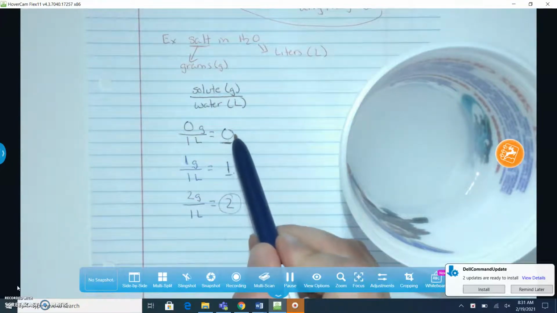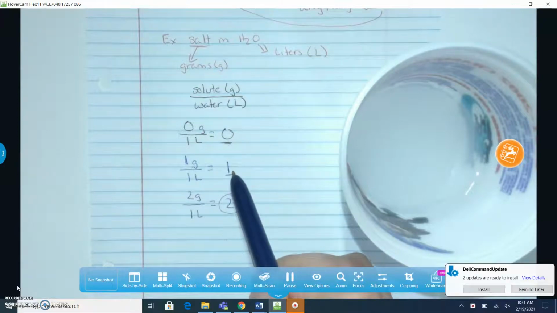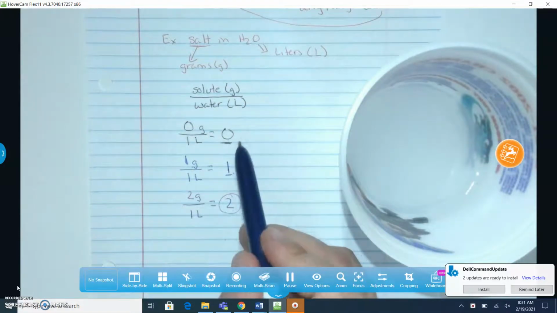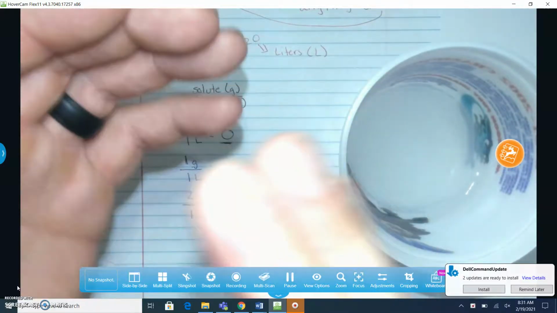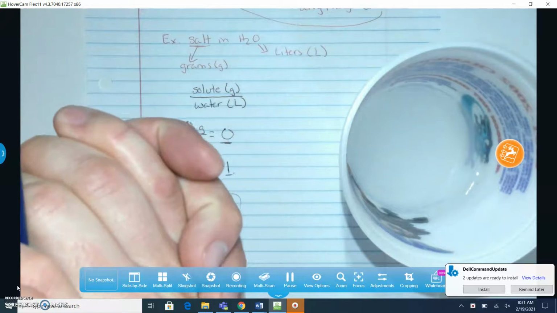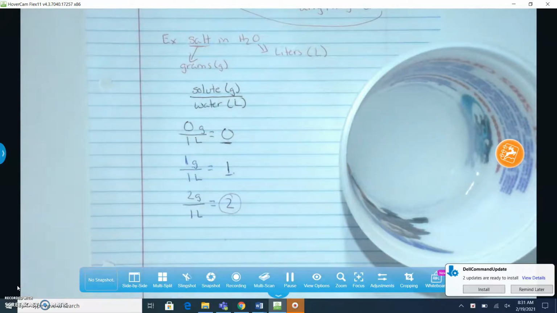If I tasted water with a concentration of 0 or salt water with a concentration of 1, this one's going to taste more salty because there's more salt. The salt molecules, as we increase our concentration, the salt gets closer and closer, meaning it's easier and easier to get to because there's more and more of it. Pretty logical.